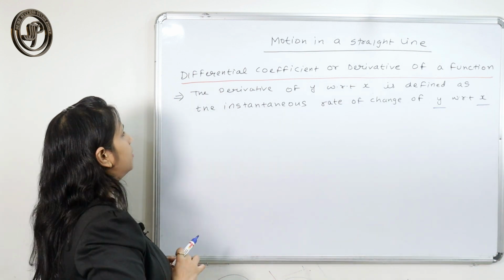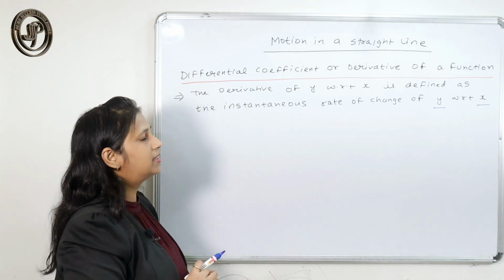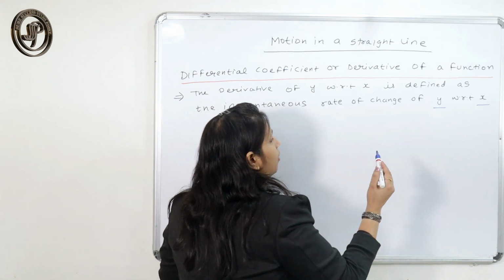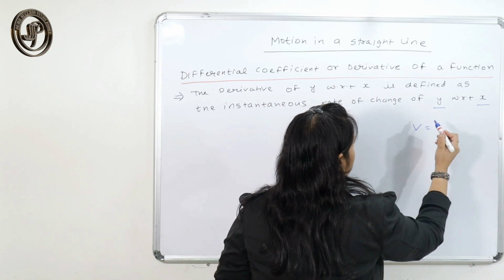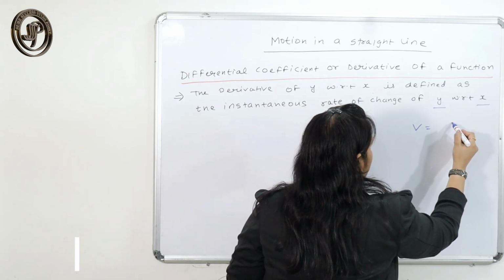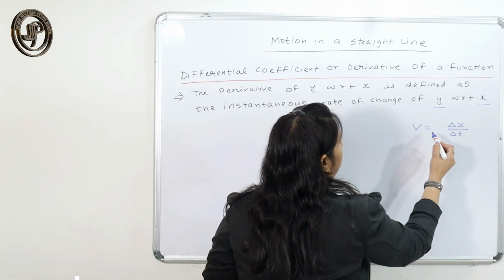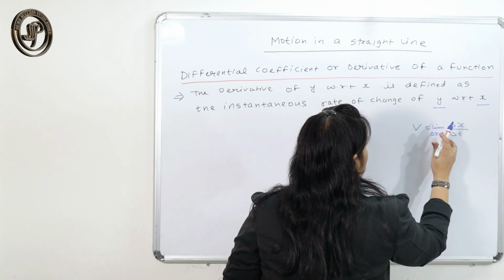Why are we finding the instantaneous rate of change? Because we have studied what instantaneous velocity is. Instantaneous velocity was the rate of change of displacement in a very small interval of time.